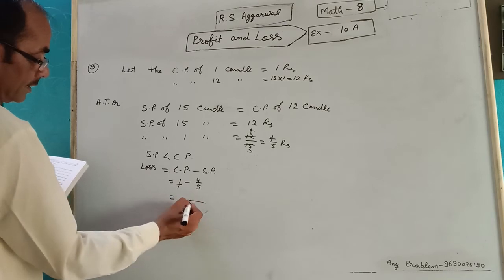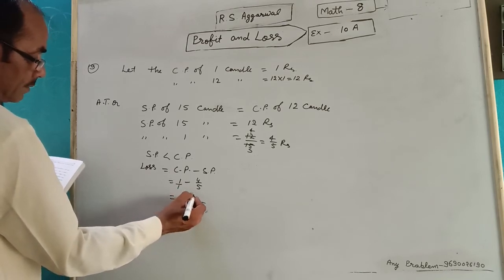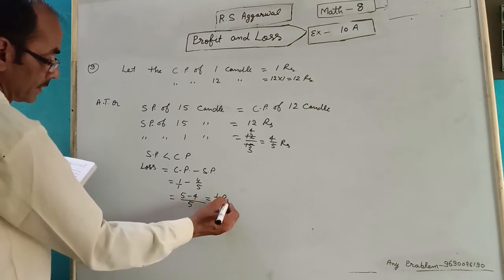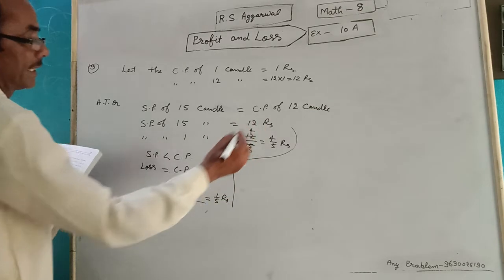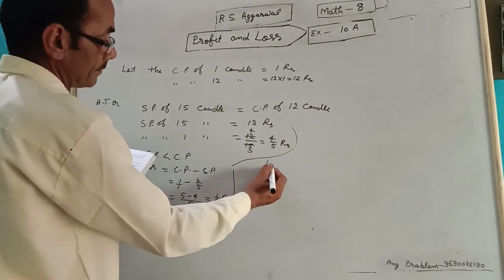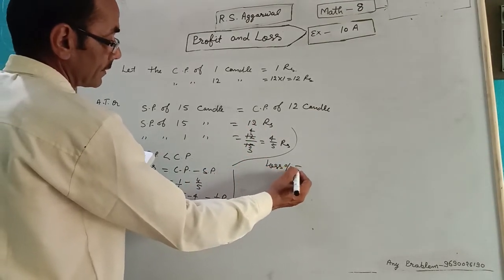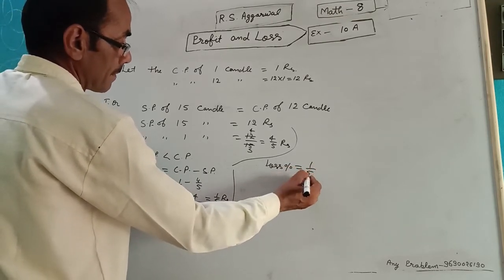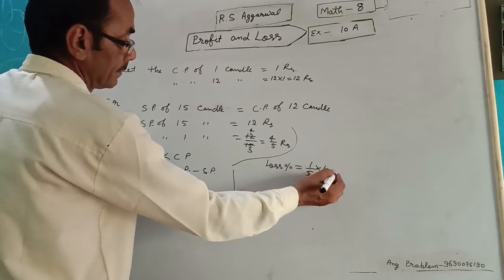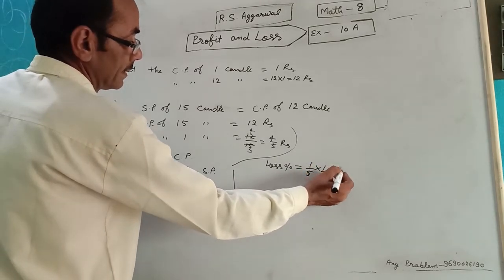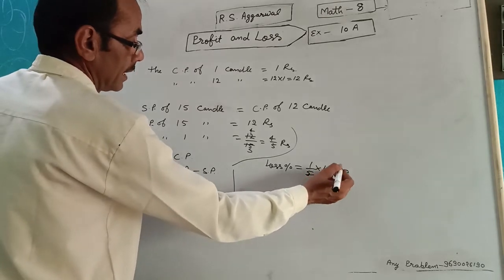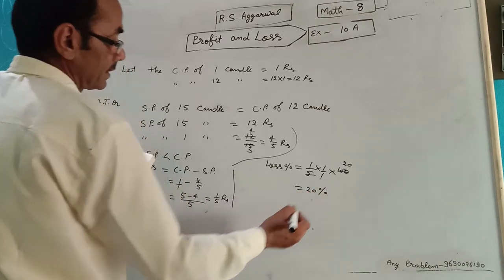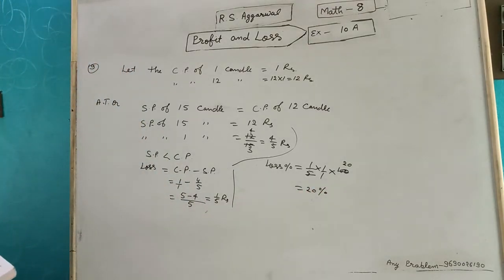Write 1 upon 1 and take the LCM. 5 minus 4 is equal to 1 upon 5 rupees. Loss percent is equal to 1 upon 5 into 1 upon CP, into 100. 5 twenties are 100, so 20% loss. This is the process.